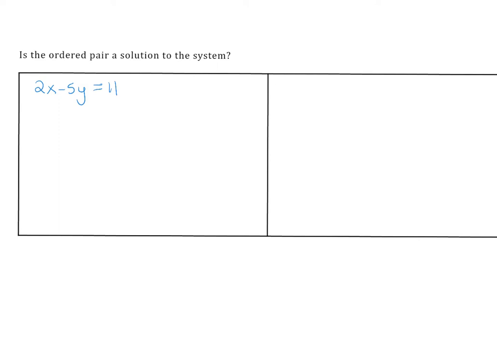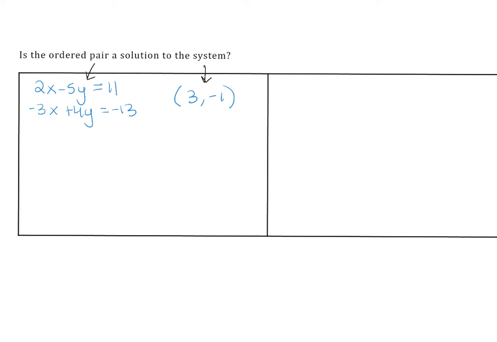So there's one linear function, and then the second one, negative 3x plus 4y equals negative 13. So two linear functions, and then I'm going to give you a point, (3, negative 1). What we're going to do is test: is this point a solution to this system? Is it the point where they intersect?